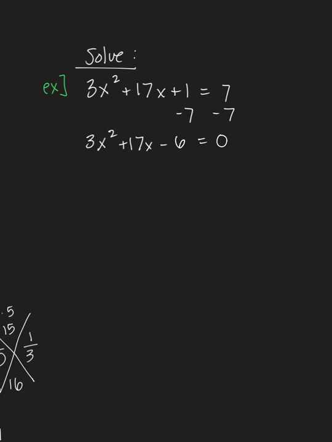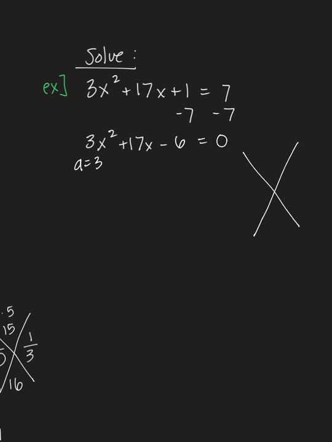From there, we check, do the three terms, 3x squared, 17x, and negative 6, all have something in common? They don't, so we can go ahead and go straight into making our x. At the top part of our x is our a times c.